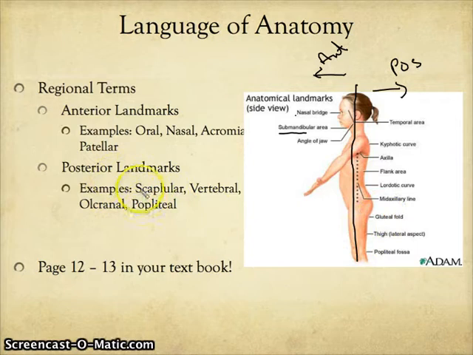A lot of our posterior landmarks, for example the scapular and the vertebral, are bony projections through the skin. A lot of them you probably already know as common terms. Now you're just going to get the more anatomically correct term.